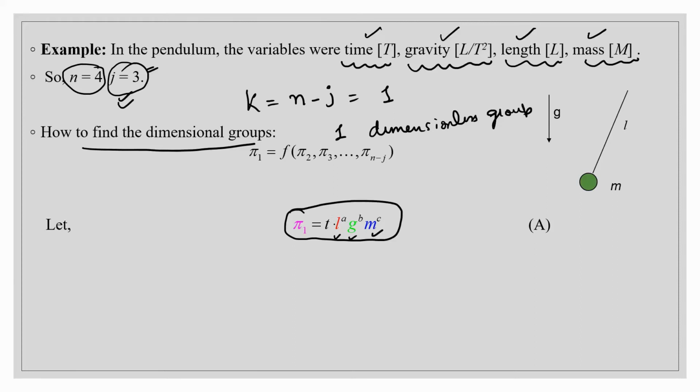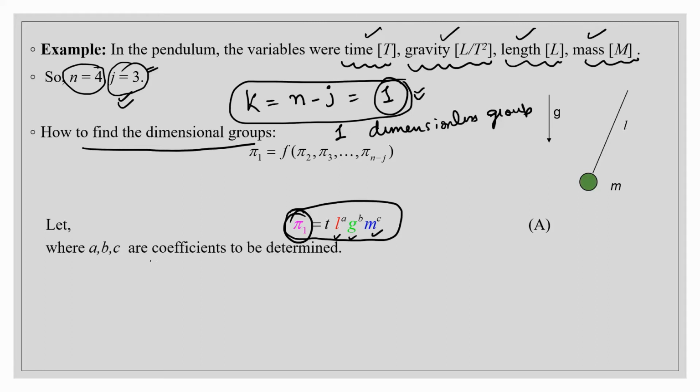So from this we get the information that we will have only one, that is pi 1. We don't have to find pi 2, pi 3 and so on. It is telling us that only one dimensionless group will be there, and with j equal to 3, there would be 3 variables with power exponents and the remaining variable will be multiplied with them.